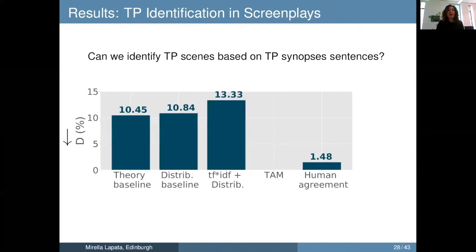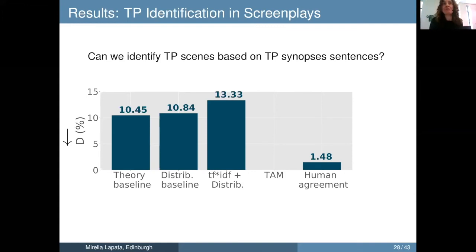So humans are doing quite well, 1.48%. And these are the baselines. So we have the theory baseline. Basically they're 10 scenes apart on average, not great. Then we have the distribution baseline, again, very bad. And we also did a TF-IDF baseline where we used the sentence as a query to retrieve a scene. And this performs really poorly. And there is a very good reason why.